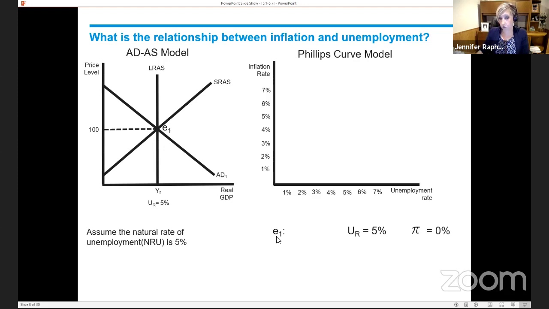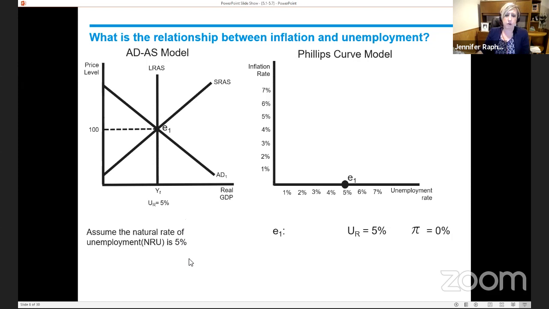So at E1 here, we're going to graph a point in the Phillips curve model that corresponds with 5% unemployment and 0% inflation. So 5% unemployment would be here and 0 inflation would be right there. Okay, so that would be a point in the Phillips curve model that corresponds to this unemployment rate and this price level in the ADAS model.